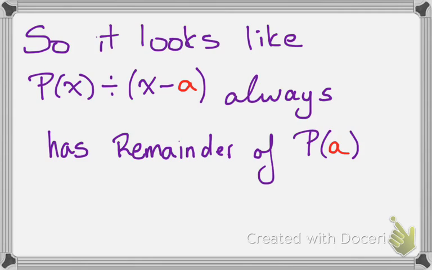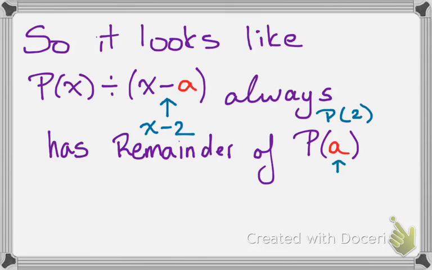Now, notice that x minus a, so in our last example we had x minus 2, and I just had to plug in 2. So I had to do p at 2. And that gave me the remainder.